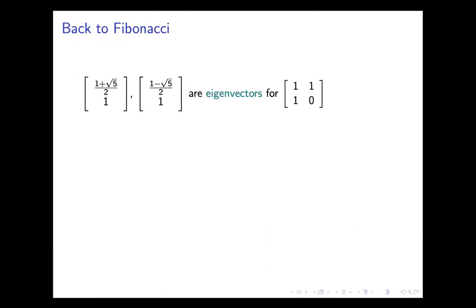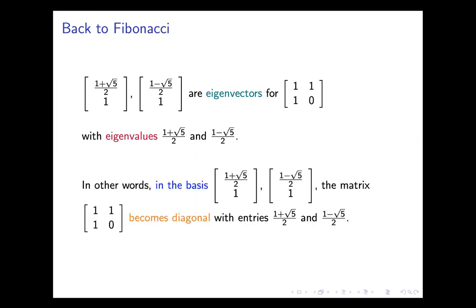These two vectors that we discovered on the previous slides are the eigenvectors of the matrix 1, 1, 1, 0 with eigenvalues 1 plus square root 5 over 2 and 1 minus square root 5 over 2. In other words, in this basis the matrix becomes diagonal with entries lambda plus and lambda minus on the diagonal.